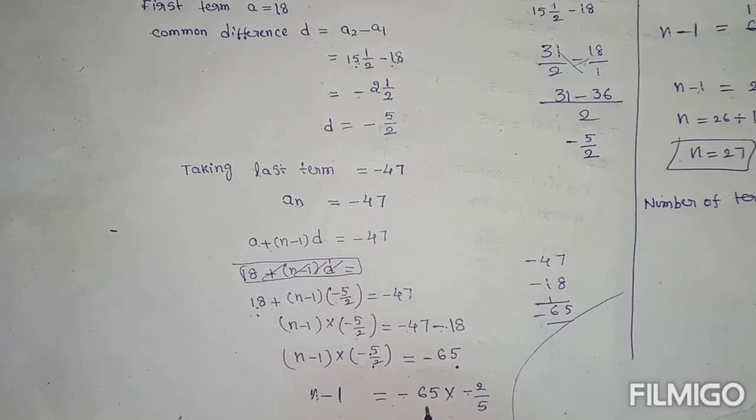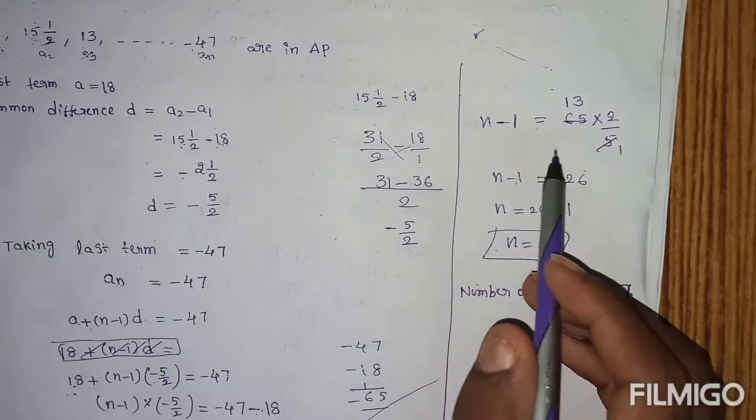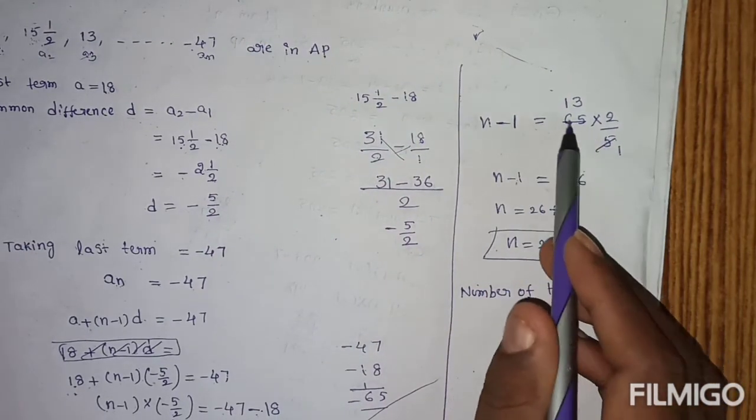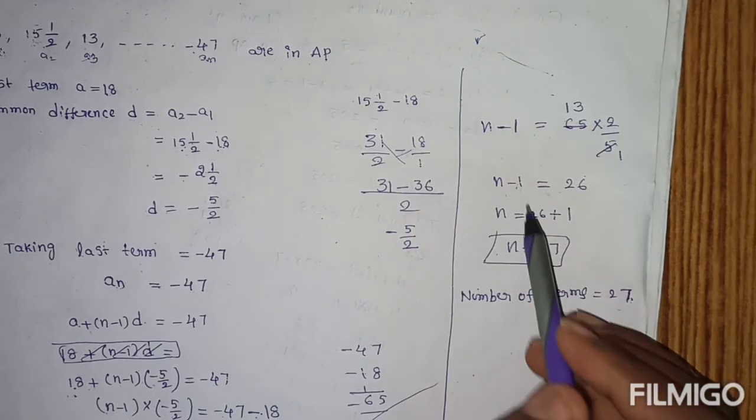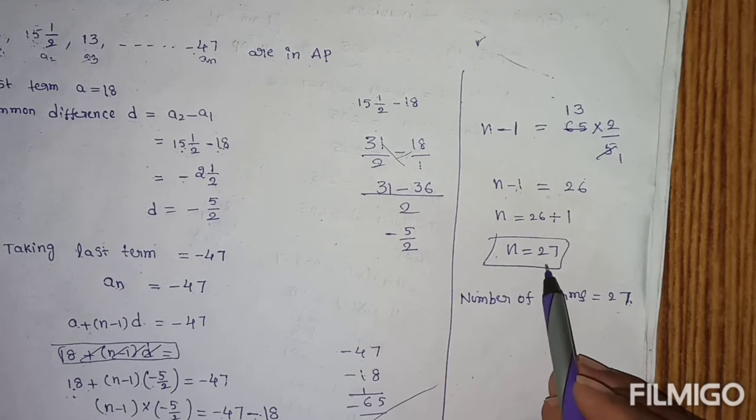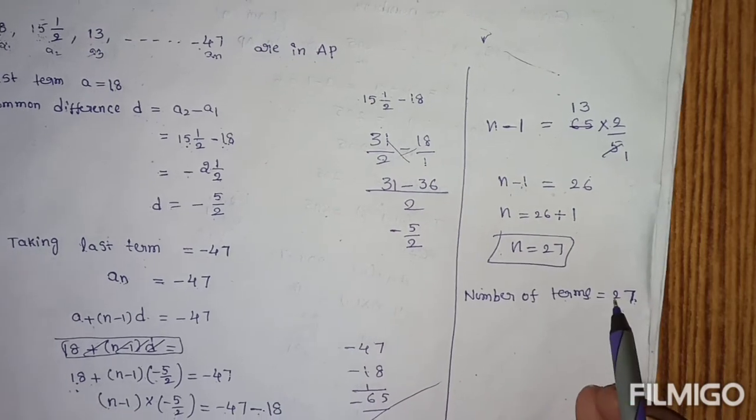N minus 1 equals minus 65 into minus 2 by 5. Minus into minus is plus, so n minus 1 equals 65 into 2 by 5. 5 1s are 5, 5 3s are 15, so n minus 1 equals 13 2s are 26. Minus 1 transposing gives plus 1. N equal to 27. Number of terms equals 27. Write down.